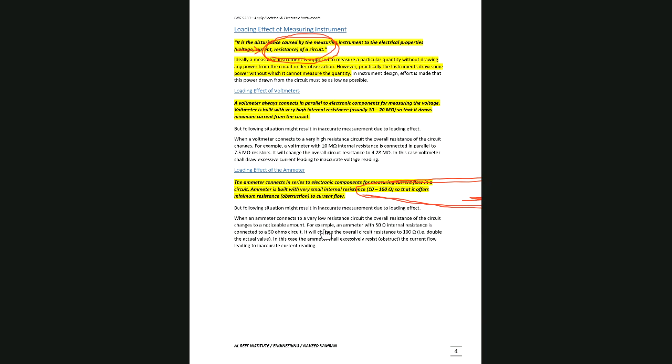Okay, but now there is a situation. We have taken maximum precaution, being a manufacturing company, for example, making voltmeters.